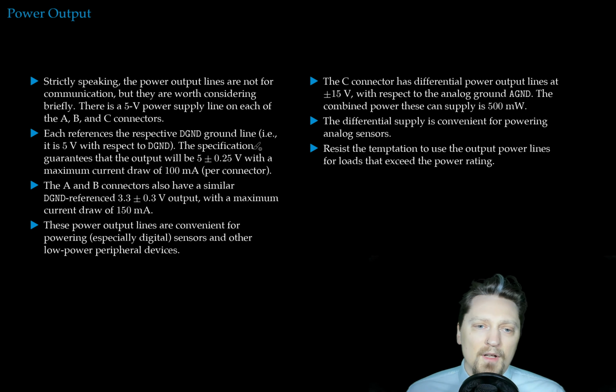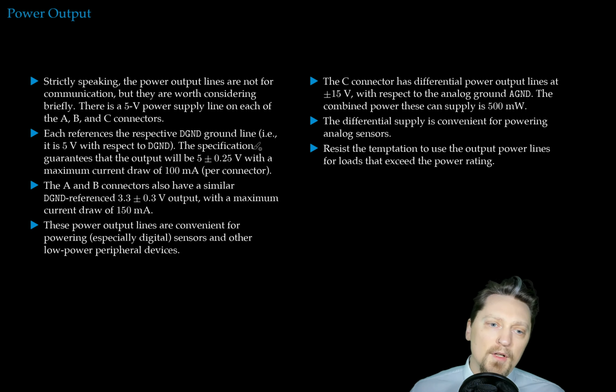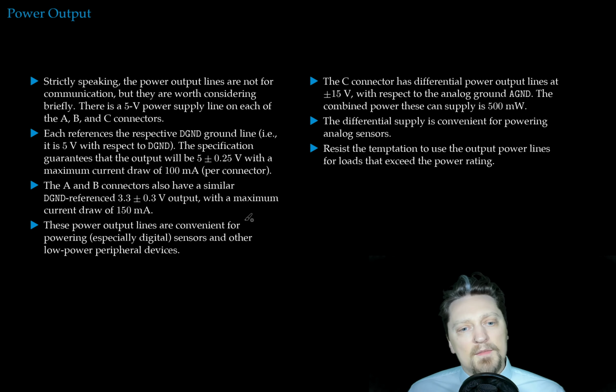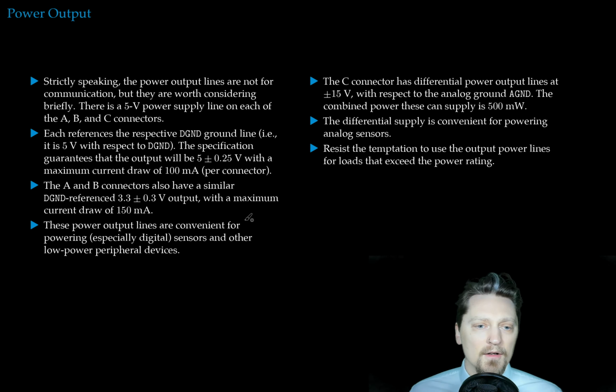The specification guarantees that the output will be 5 plus or minus 0.25 volts with a maximum current draw of 100 milliamp per connector. The A and B connectors also have a similar digital ground reference, 3.3 plus or minus 0.3 volts output, with a maximum current draw of 150 milliamp. These power output lines are convenient for powering especially digital sensors and other low-power peripheral devices.